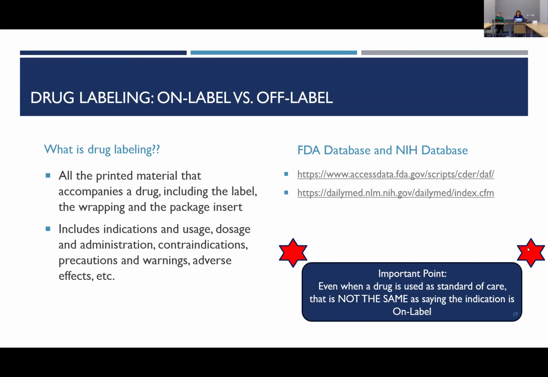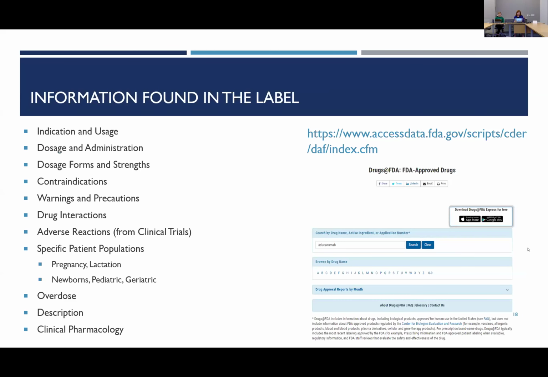So I want to walk through a few screenshots of that FDA database. And so this is the go-to place for what you would consider on label versus off label. So the list on the left-hand side of the screen there is what's found in the label. It's what's on label, the indication, dosage, administration.